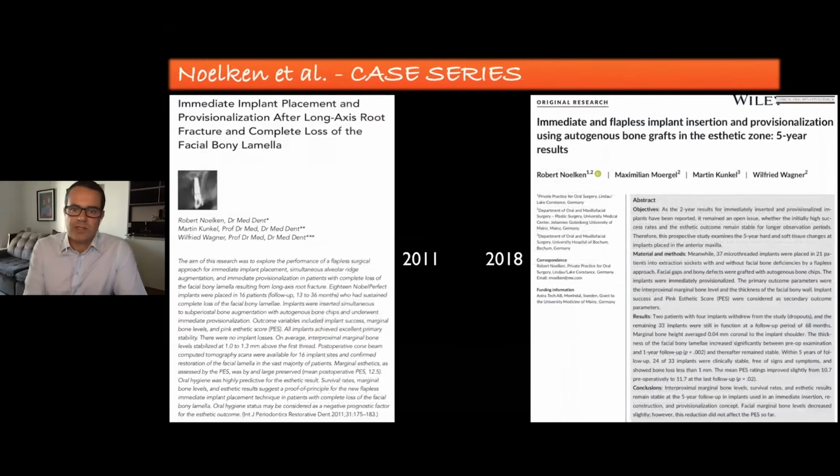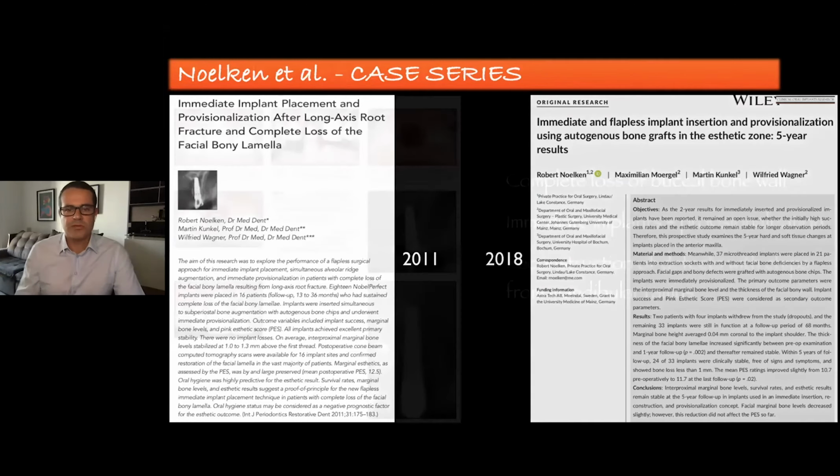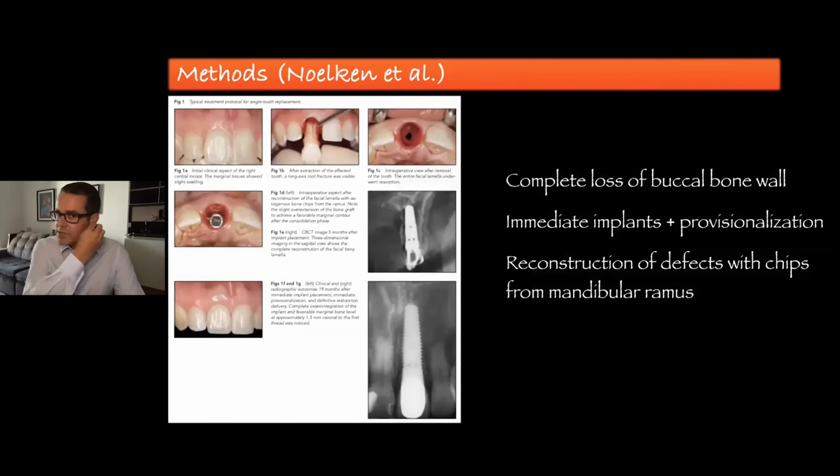Well, as far as I'm concerned and know about the literature, the first time this approach was suggested was by a group from Germany, led by Dr. Noelken in 2011, and this was the first time in a case series that was presented in the complete loss of buccal bone wall.